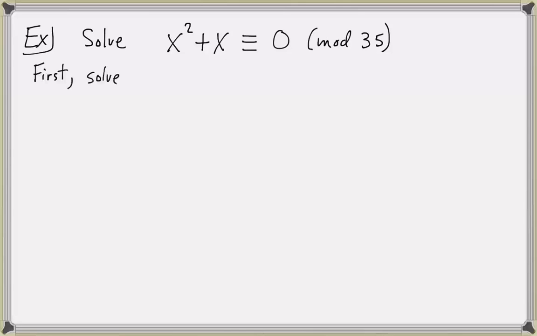Suppose I wanted to solve the congruence x squared plus x congruent to 0 mod 35. So we see that 35 is 5 times 7, so I'm going to solve these congruences mod 5 and mod 7 first. x squared plus x congruent to 0 mod 5 and mod 7.